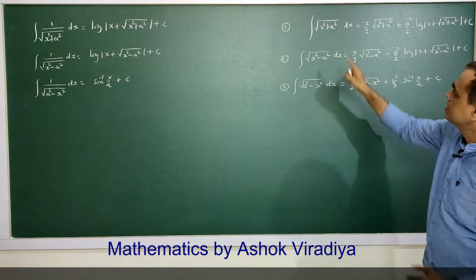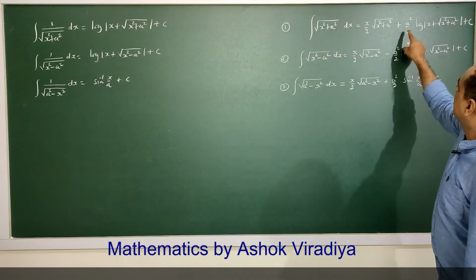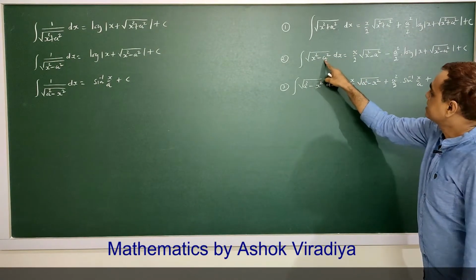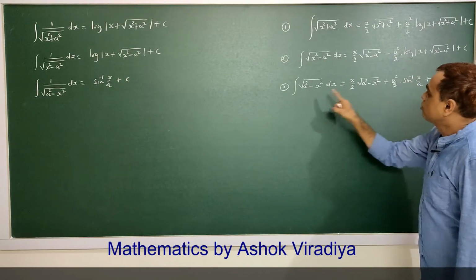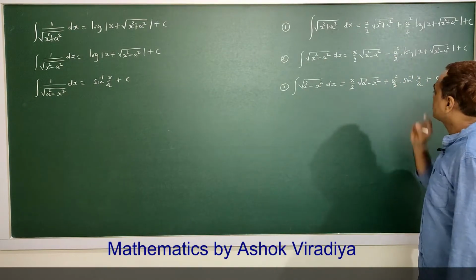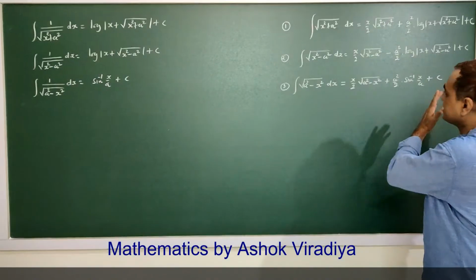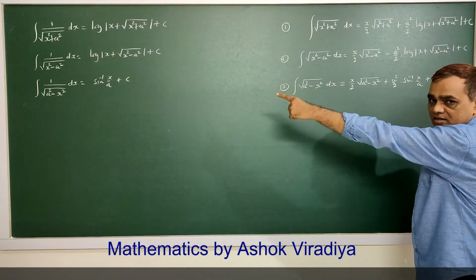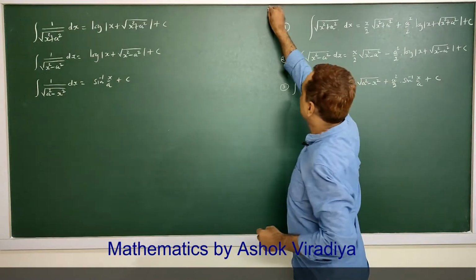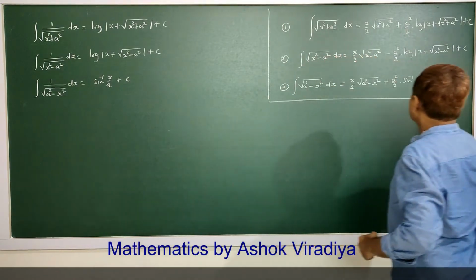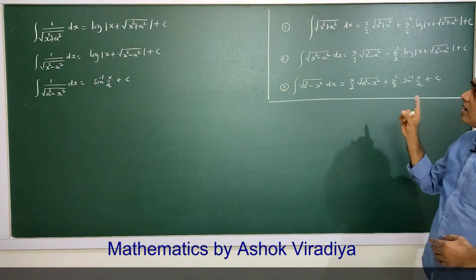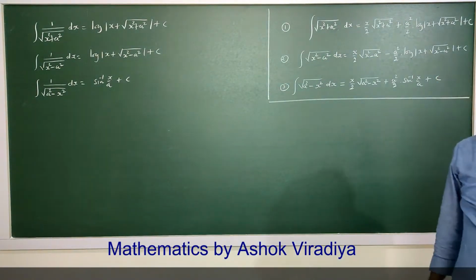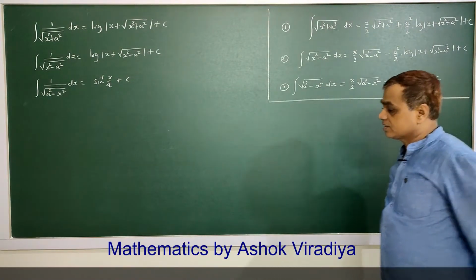Then next is plus a square by 2, minus a square by 2, plus a square by 2. Then join that part. So this is the way to remember these formulas. Now we are doing questions on these results.